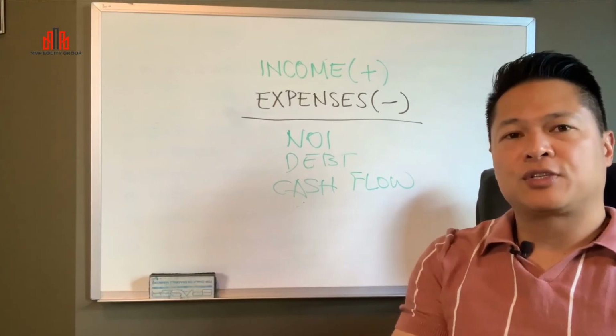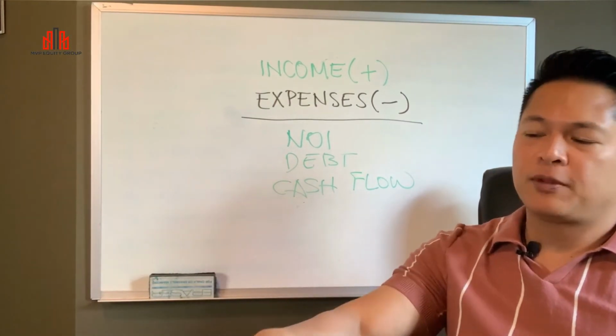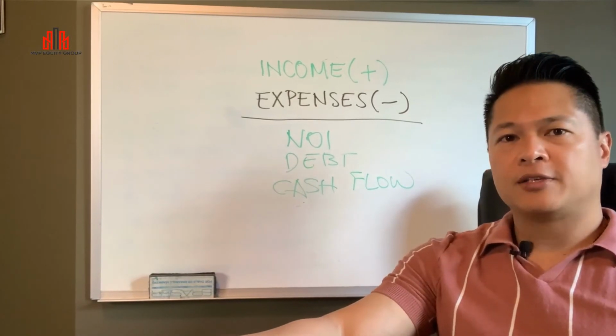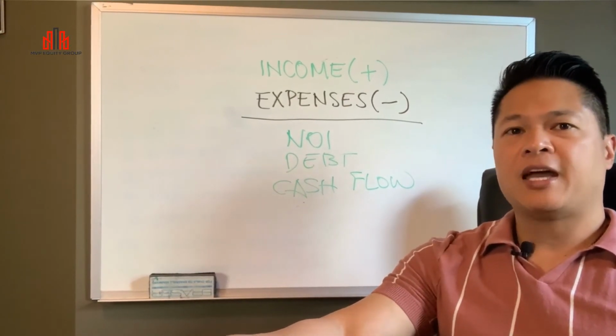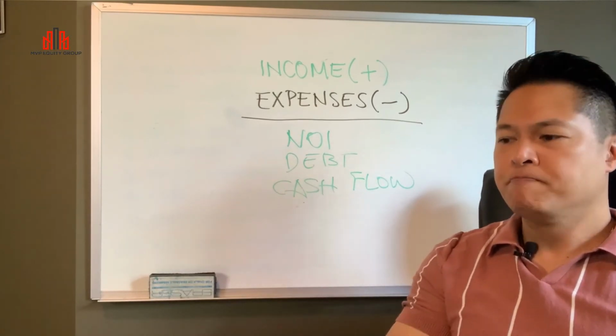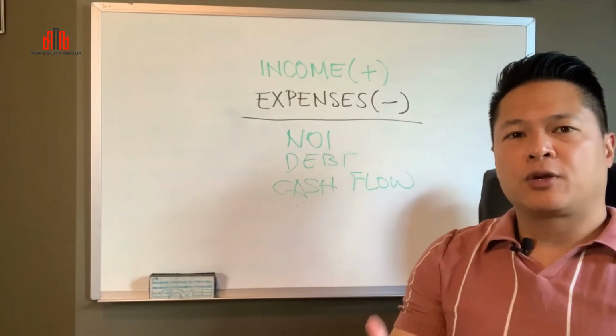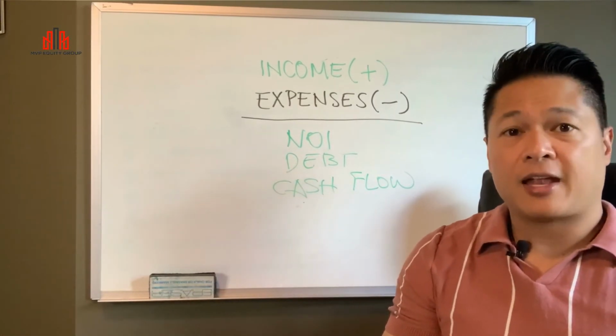But that doesn't necessarily mean it's a bad deal, because I might be buying something that has 50% occupancy or low income. It has a negative net operating income, but if I can increase the income over 1, 2, or 3 years down the road, then I can generate a higher net operating income and cash flow.